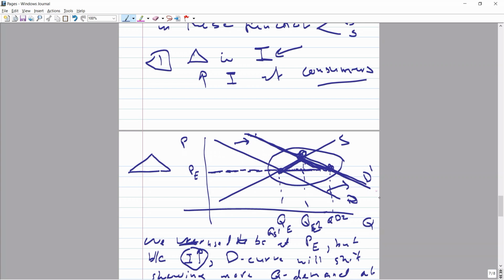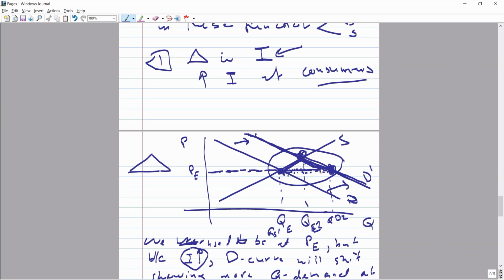So what we see, if this was the equilibrium level, this price, which was at equilibrium, came here, and this resulted in a separation of both quantities.